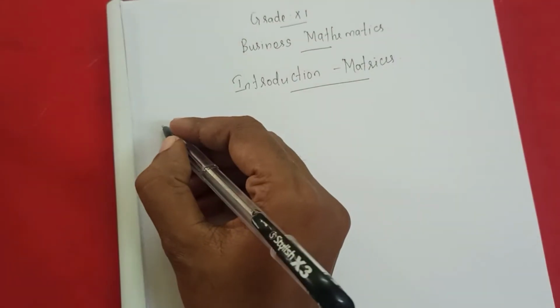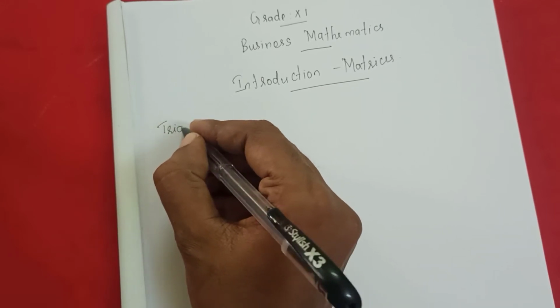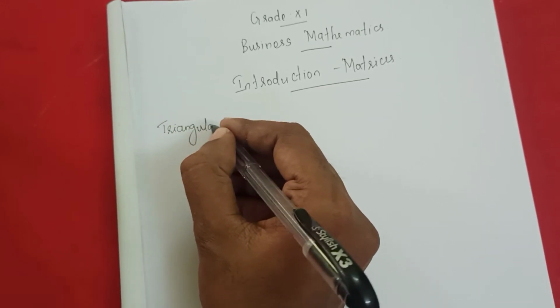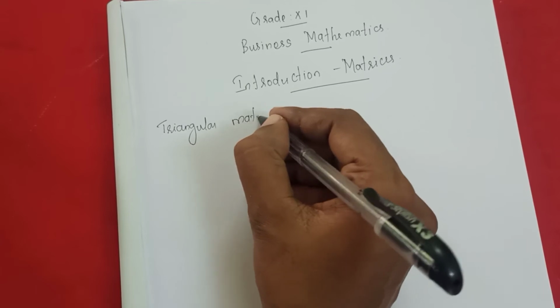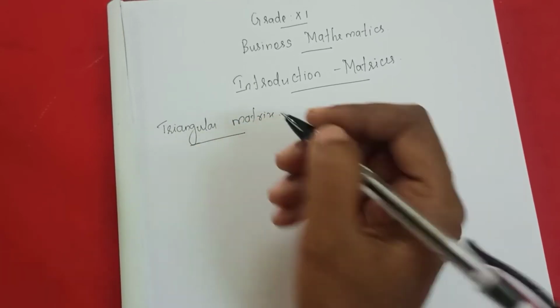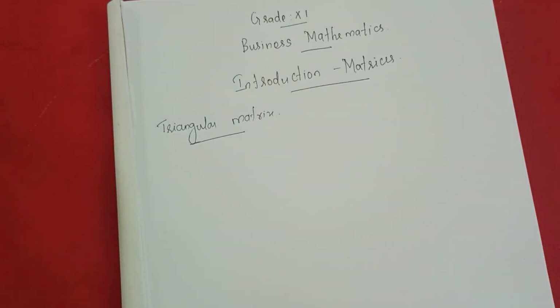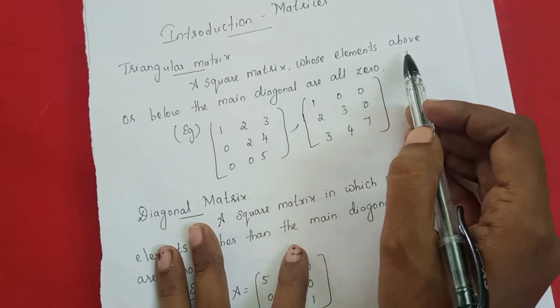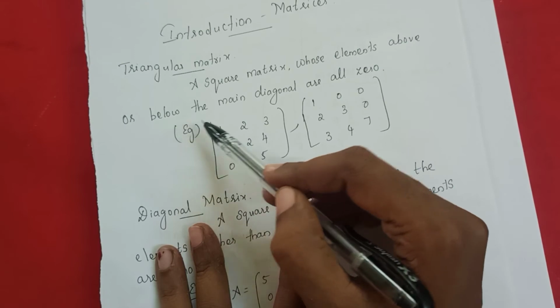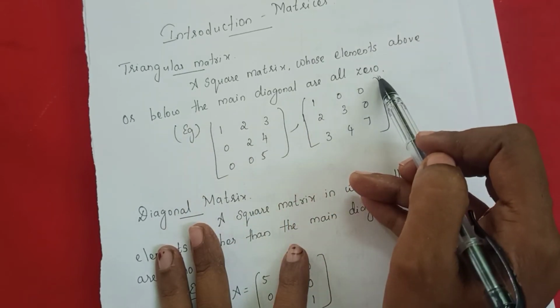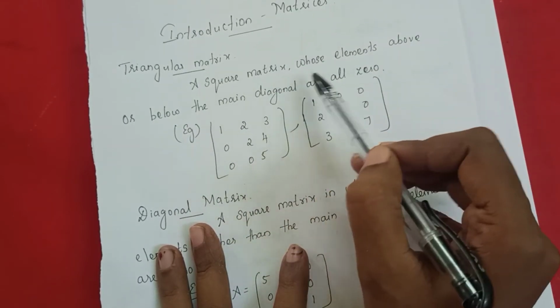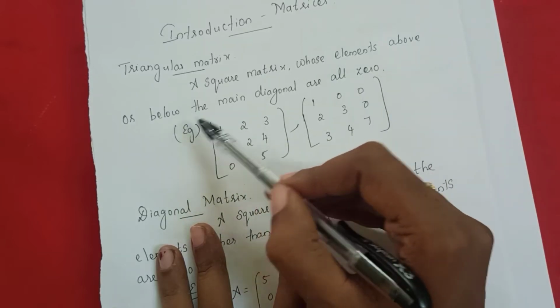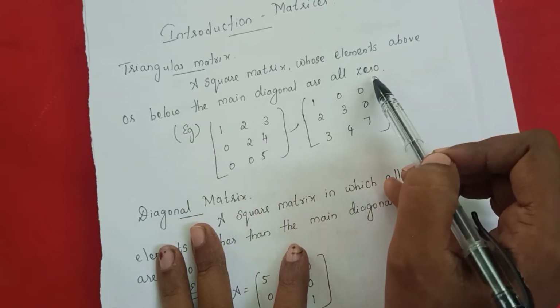The next type of the matrix is triangular matrix. The meaning for triangular matrix is, just you see this, a square matrix whose elements above or below the main diagonal are all 0.